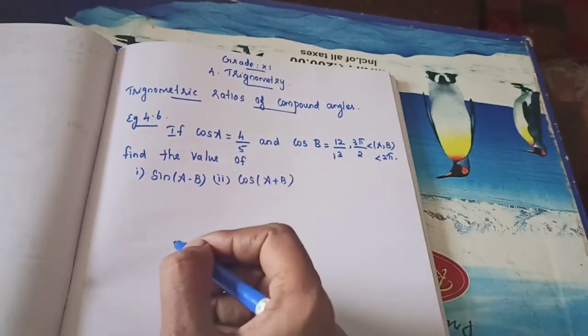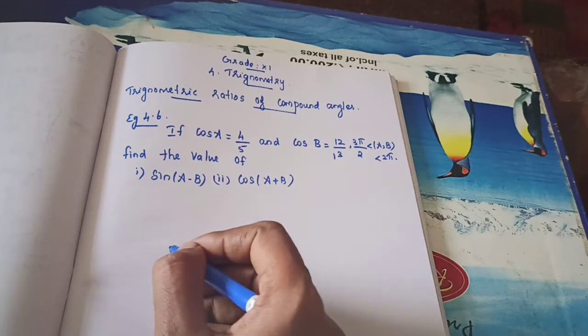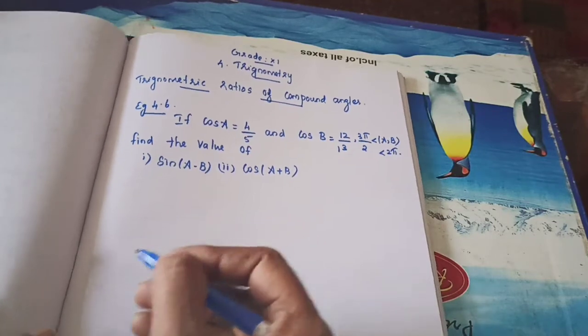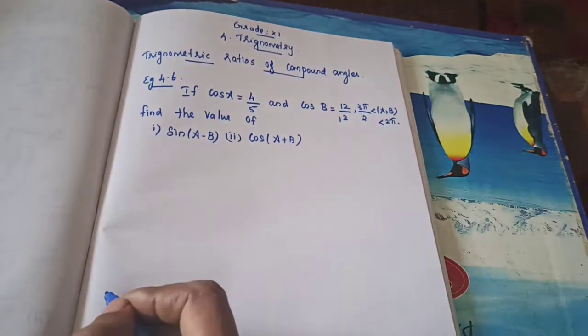Okay, if cos A equals 4 by 5, cos B equals 12 by 13, find the value of sin(A-B) and cos(A+B). Okay, you know the formulas, right?